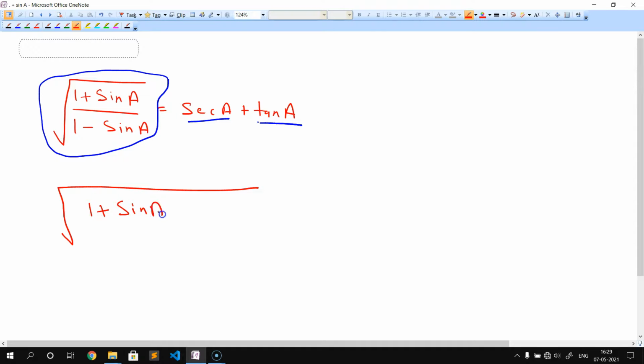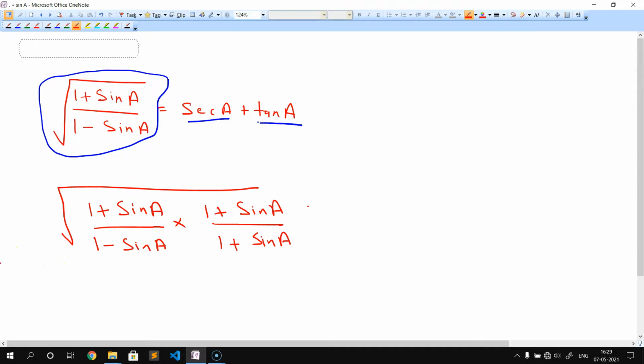Under root (1 plus sin a) upon (1 minus sin a) multiplied by (1 plus sin a) upon (1 plus sin a).